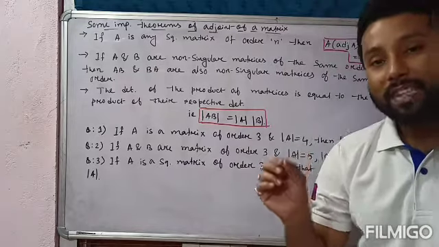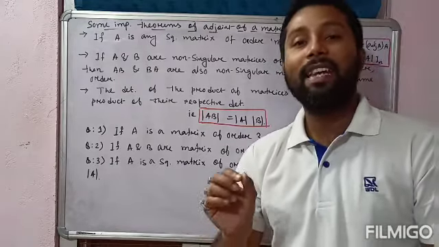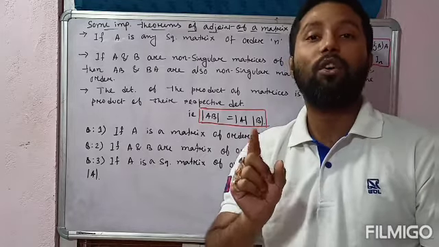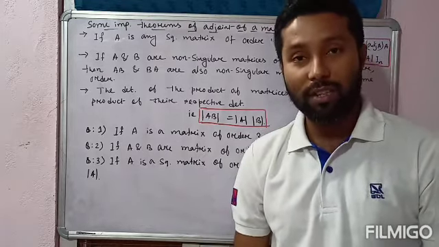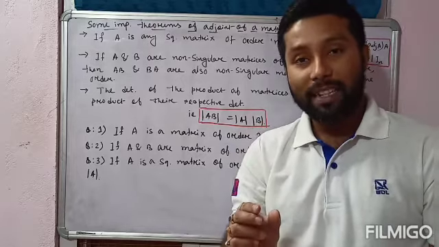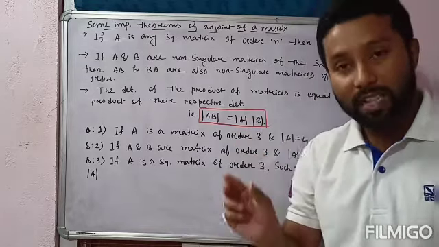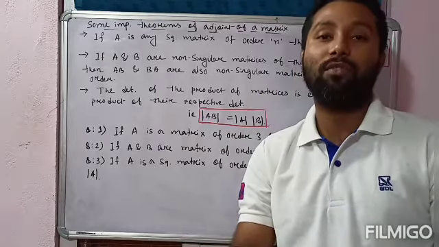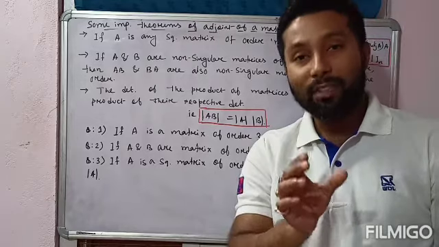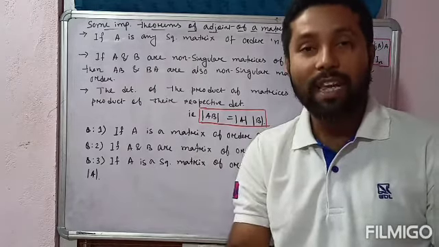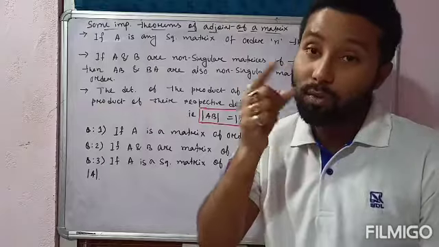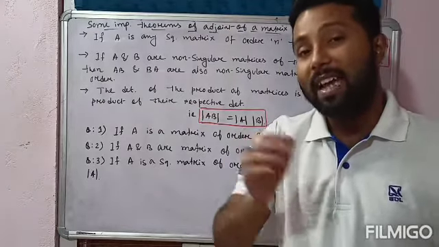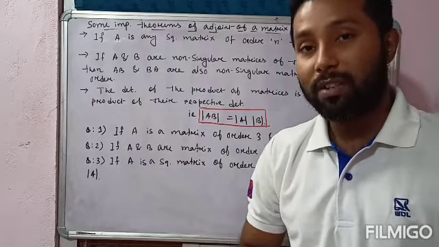A square matrix A is said to be non-singular if determinant of A is not equal to 0. Whereas if determinant of A is equal to 0, then it is said to be a singular matrix. In the last class I gave the definitions and examples also of singular and non-singular matrix, right?